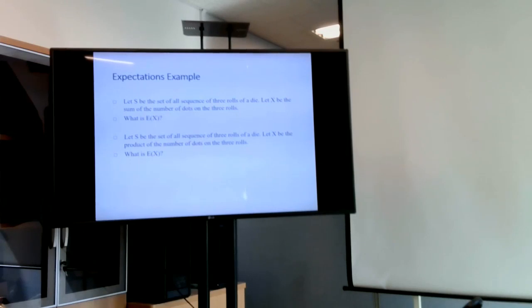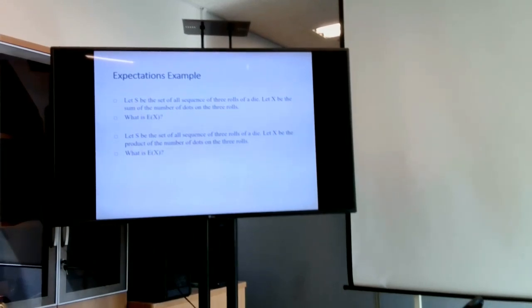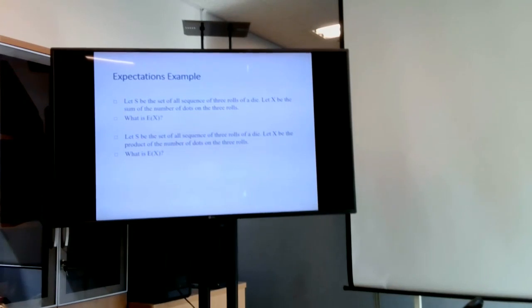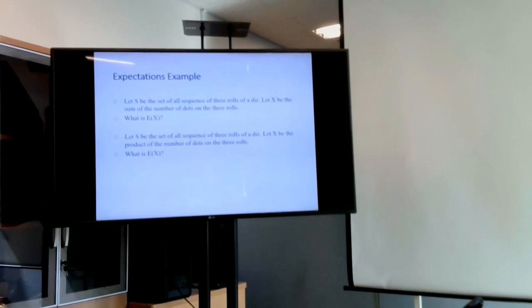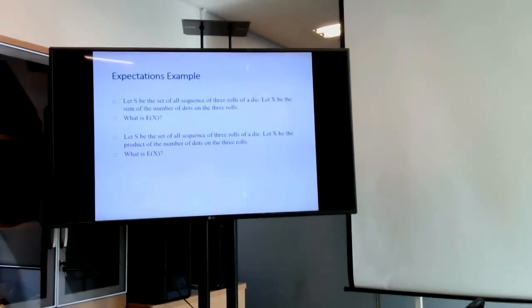So, an expectation example: let S be the set of all sequences of 3 rolls of a die. Let x be the sum of the number of dots on 3 rolls. Then what is e of x?